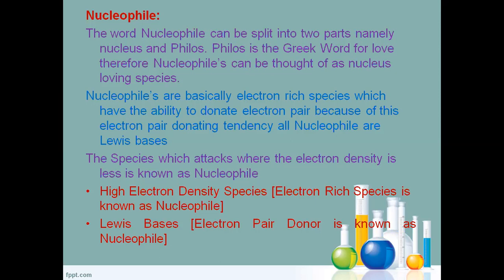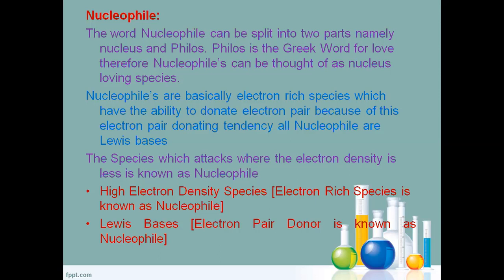Nucleophiles are basically electron-rich species which have the ability to donate a lone pair of electrons to another species. So nucleophiles are Lewis bases, because according to the Lewis theory, the species donating the lone pair of electrons is called a base, and the one accepting the electrons is called an acid.